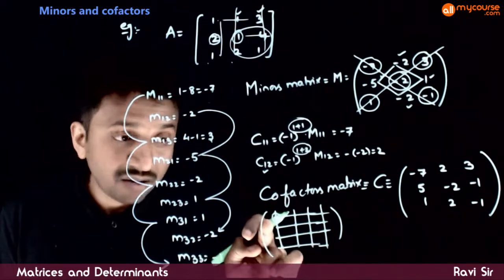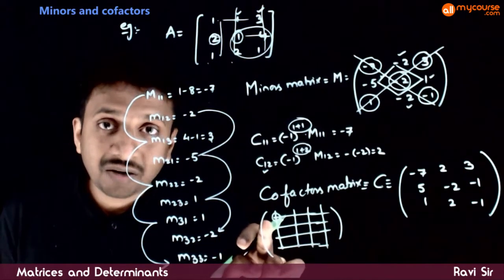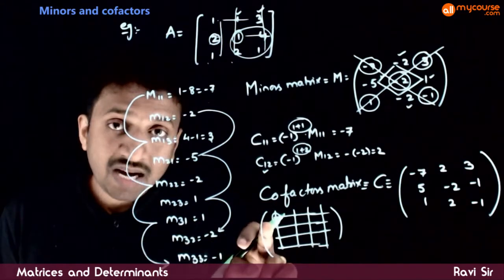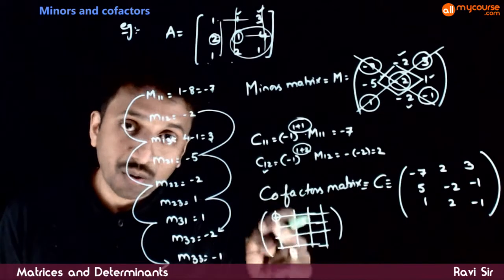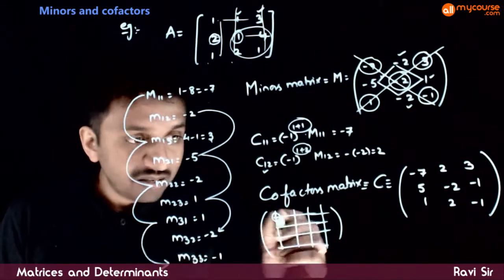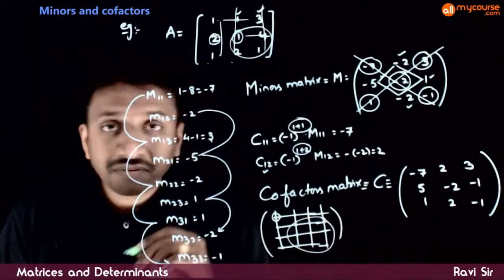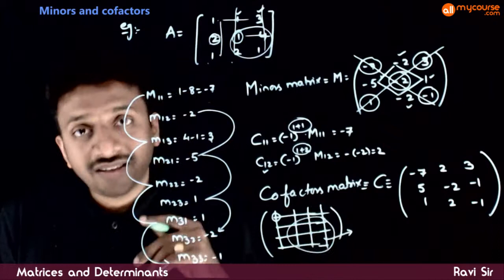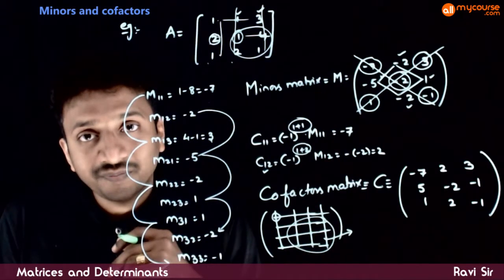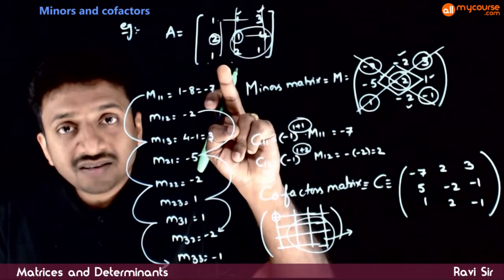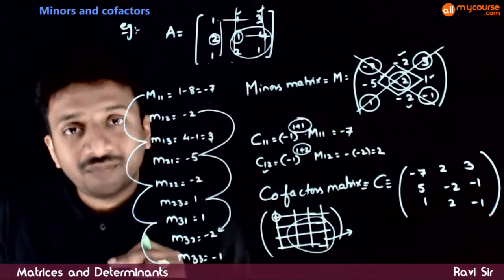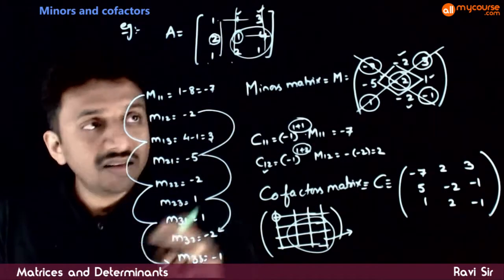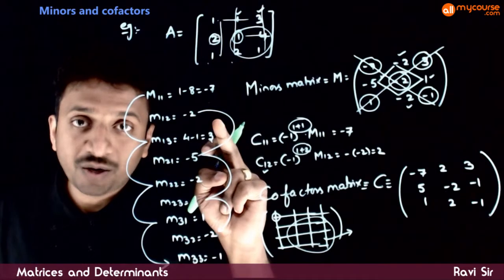The cofactor or minor of this element is the determinant of the matrix obtained after removing the corresponding row and the corresponding column. So you get a 3 by 3 matrix now. So you have to know how to find the determinant of a 3 by 3 matrix. For a 3 by 3 matrix, you have to know how to find the determinant of a 2 by 2 matrix. So we know how to find the determinant of a 2 by 2 matrix.